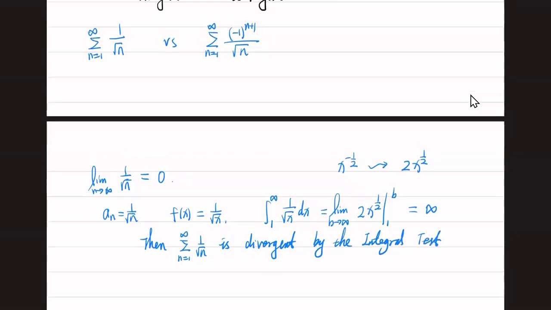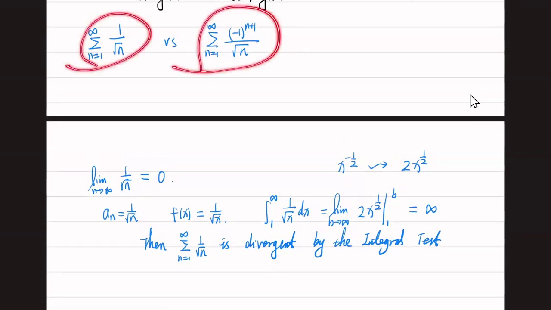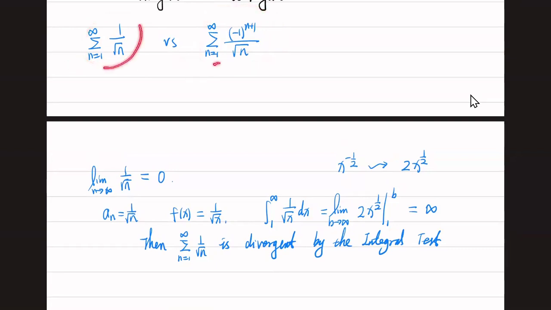So the first one, it is divergent. Now the second one is essentially the same, but with the sign. Now we should apply our alternating series test.